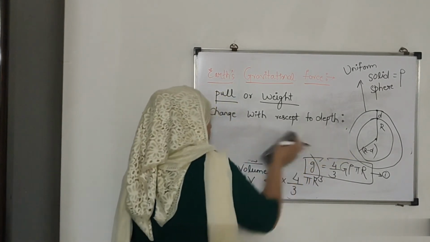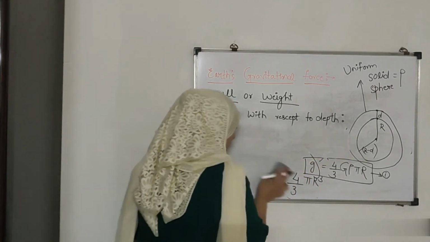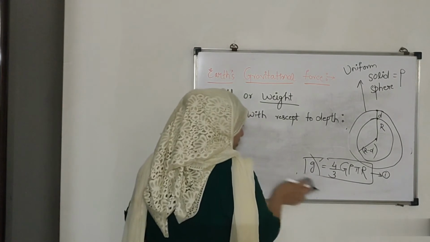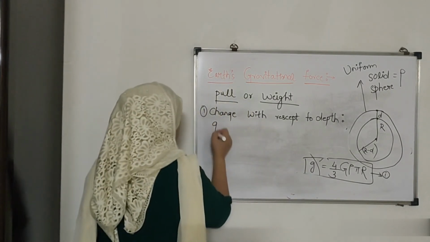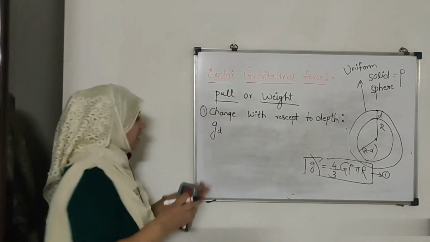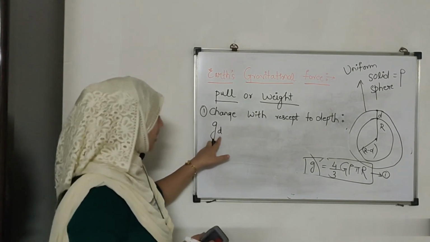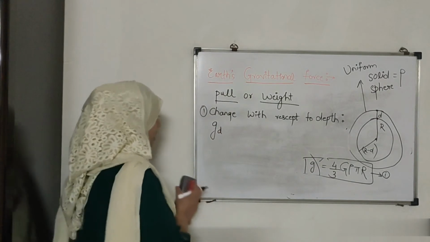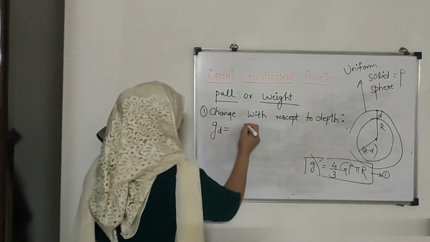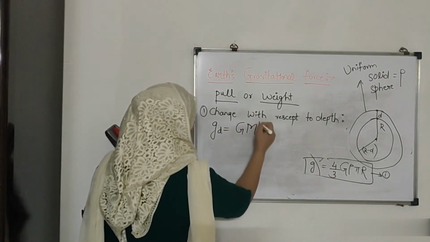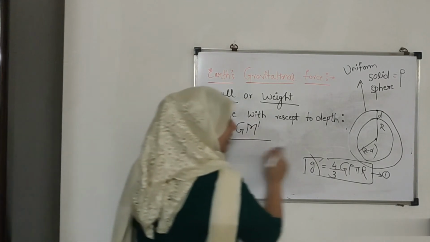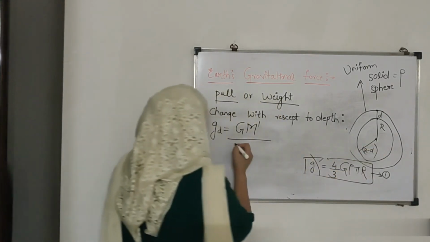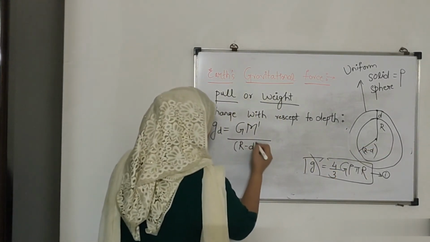I am considering the acceleration due to gravity of that sphere to be g_d, meaning acceleration due to gravity at the depth d. So what is it? It is again G M dash upon, now what is the radius of this sphere? (R minus d) the whole square.